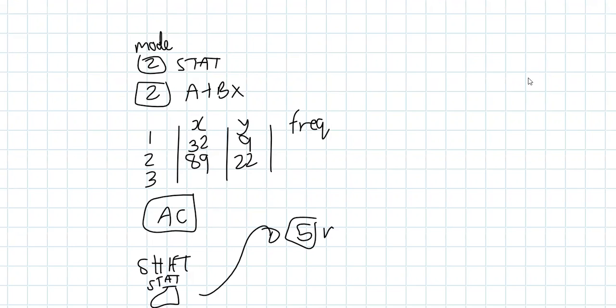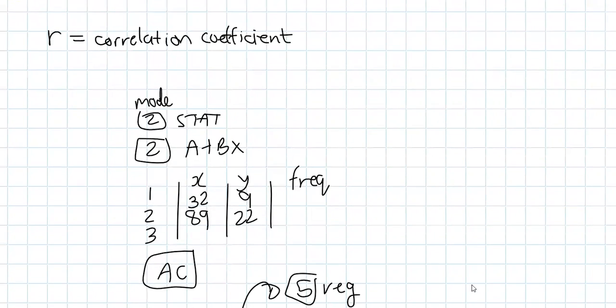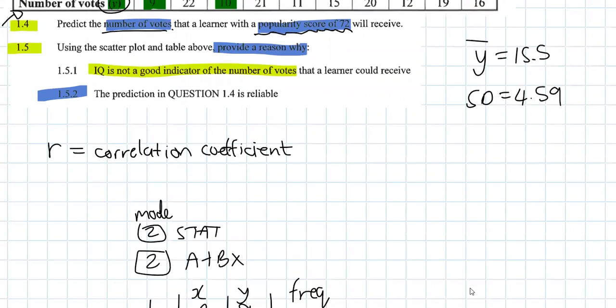This gives you A, B, R. On mine, number 3 is R. So press number 3 and equals, and then you should get your R. So this is how to get the correlation coefficient. R equals 0.9836 and so on, and R rounded to 2 decimal places is 0.98.